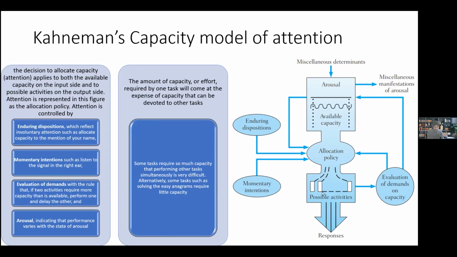The second task requires a lot of attention because it's entirely new and you have never read it. So it is of very high demand. Things that are of very high demand are given more attention. You give more attention to things that are difficult, but less attention to watching TV because it is not that difficult. So that is about the evaluation of demands.